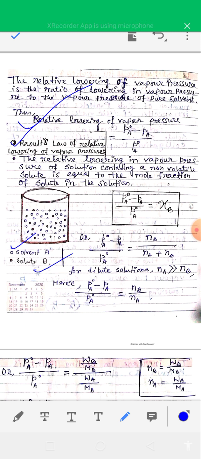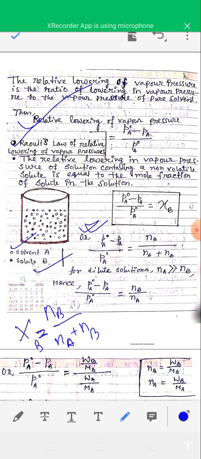And now you can write this equation also, because mole fraction means number of moles of B divided by total number of moles in the solution, that is Na plus Nb. Suppose in the solution Na mole solvent and Nb mole solute are present, then what is the mole fraction of solute?